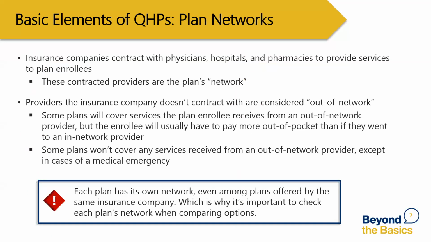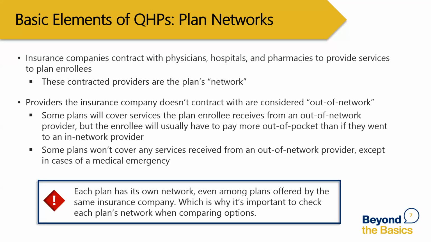The next basic element of QHPs is the plan network. Insurance companies establish contracts with physicians, hospitals, and pharmacies to provide healthcare services to their plan enrollees. These contracted providers are the plan's network. Providers the insurance company doesn't have a contract with are considered out of network. Now, there are certain types of plans that will cover services a plan enrollee receives from an out-of-network provider.